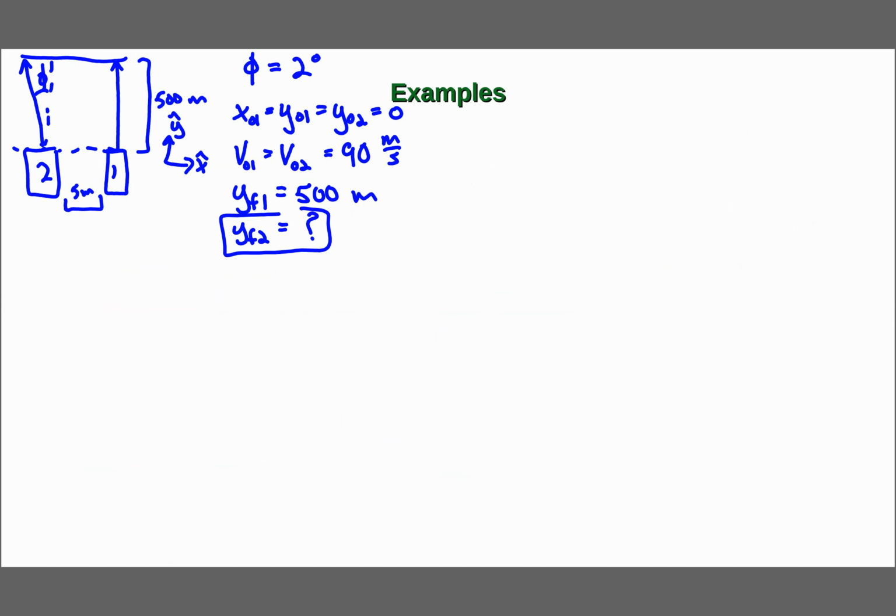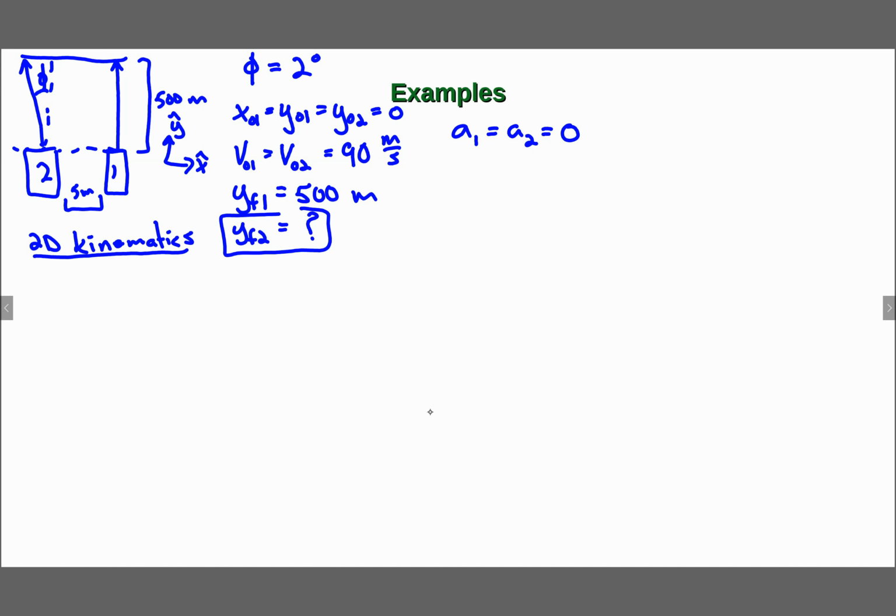The cars are going to drive with a constant velocity, so a1 equals a2 equals 0. Okay? And now let's solve this with 2D kinematics.